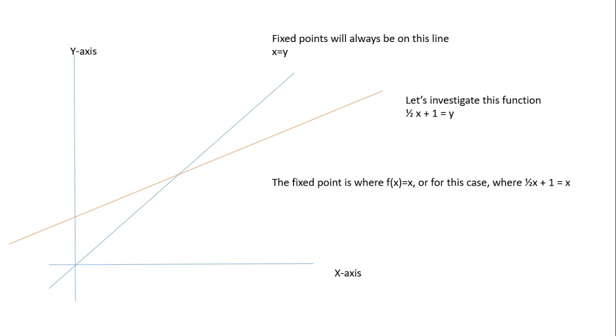In other words, it'll always lie along the x equals y line. So for our function, 1/2 x plus 1 equals y, the fixed point would be 1/2 x plus 1 equals x. The solution to that is the fixed point. We can see it on this graph because it's where the two lines cross. Real complicated.